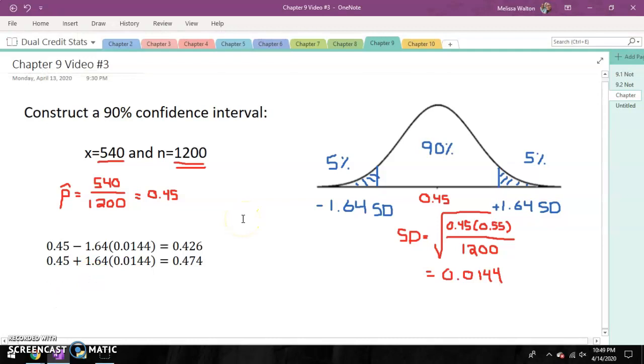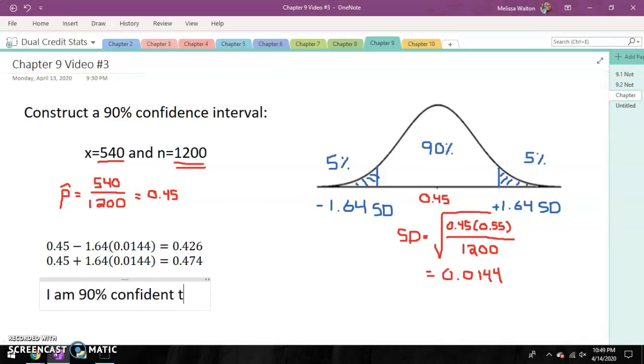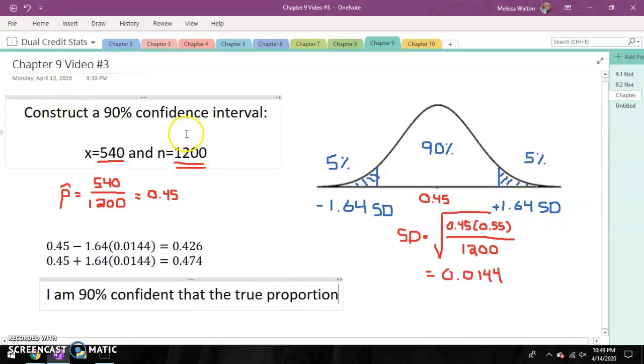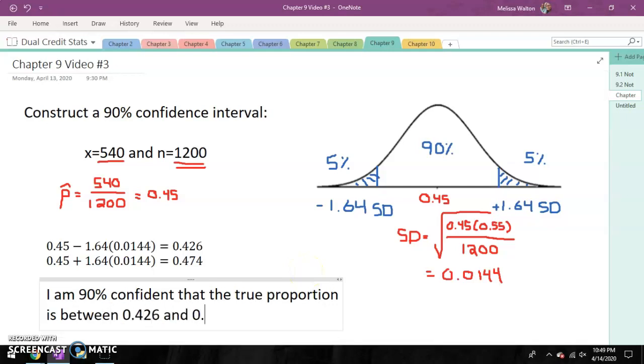I am 90% confident that the true proportion, and it didn't specify what we're talking about, cookies or favorite colors or whatever, is between 0.426 and 0.474.